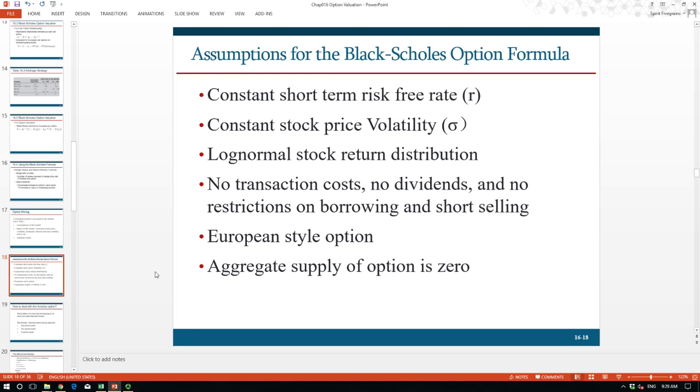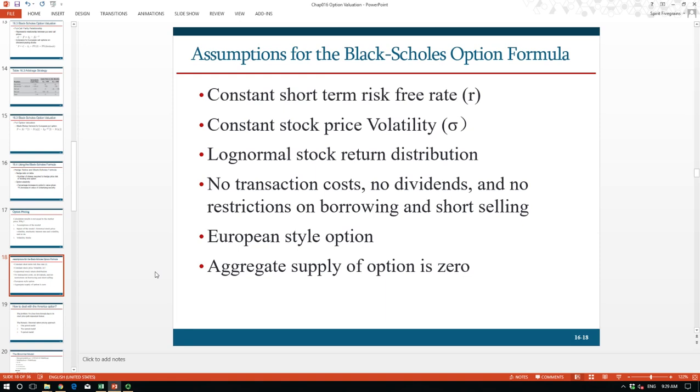It's very likely that the risk-free rate is not a constant number. Instead, it's a dynamic term. Also, stock price volatility is a constant number in the formula, but there's a chance that stock volatility, the standard deviation, will change. It's another dynamic term in the future. And the third assumption is the log normal stock return distribution.